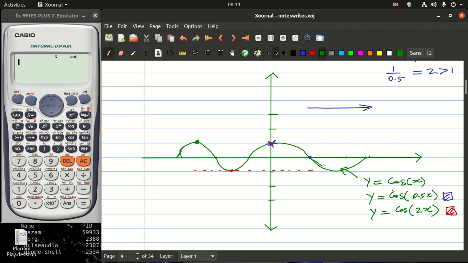So what is happening? I am going to stretch this function by about 2. So whatever this value was, I'm going to multiply it by 2.